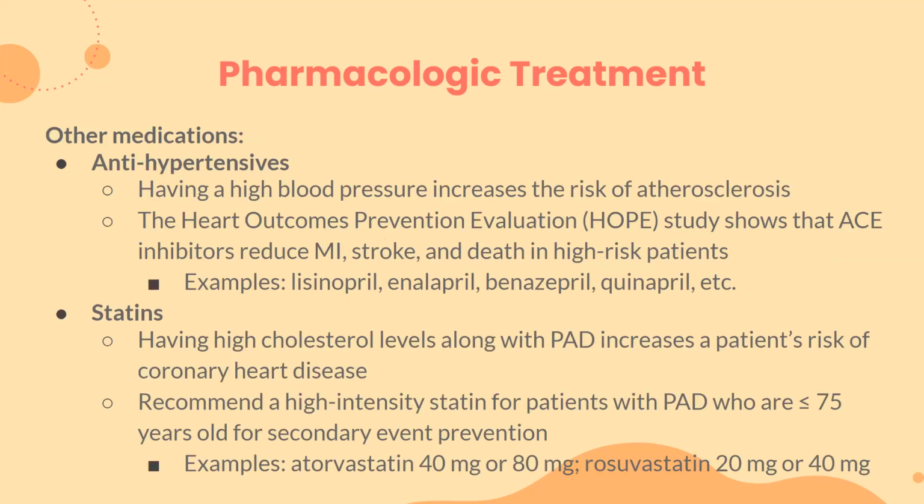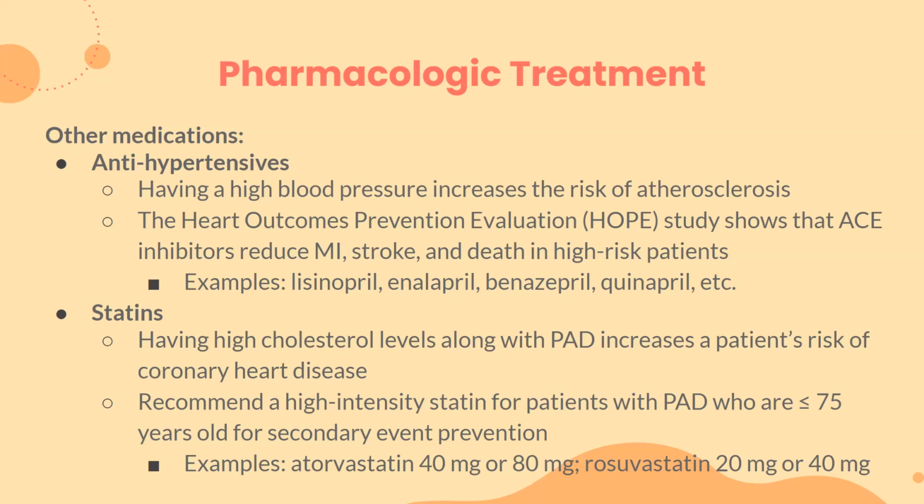And lastly, we also want to just make sure that our hypertension medications and our statins are optimized. So for antihypertensives, having a high blood pressure increases the risk of the plaque buildup.